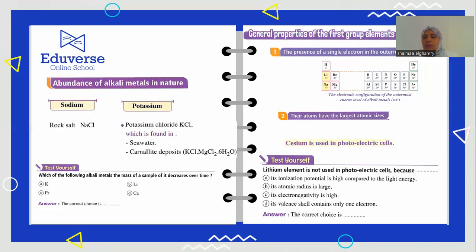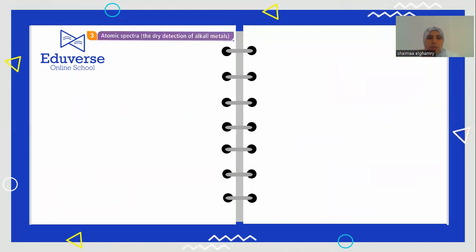Or its ionization potential is high compared to the light energy. A is the correct choice, because if the light energy is not enough to cause ionization, it can't be used in the photoelectric cell. It has high electronegativity compared to what? To its group. As we know, electronegativity decreases down the group and increases across the period.